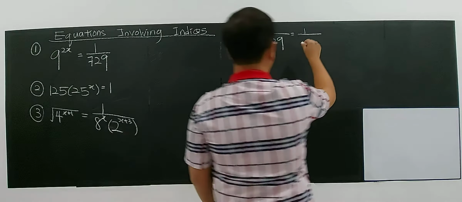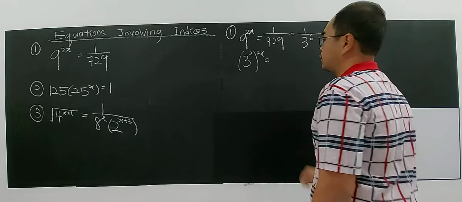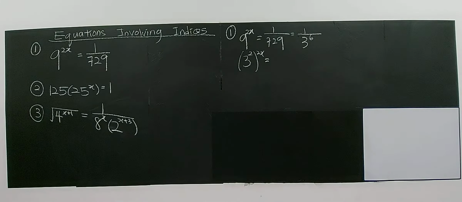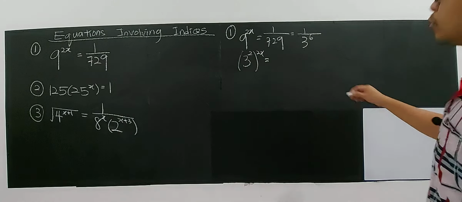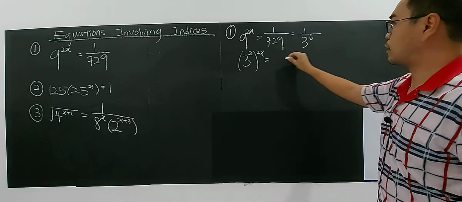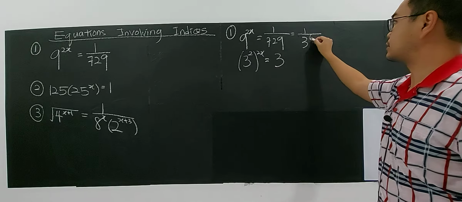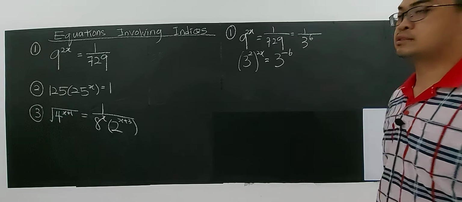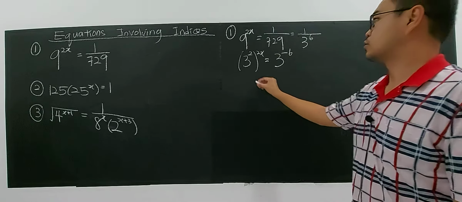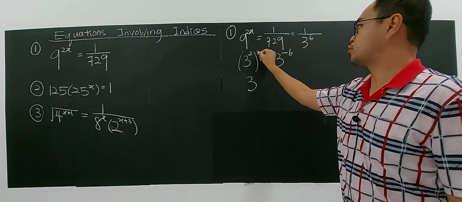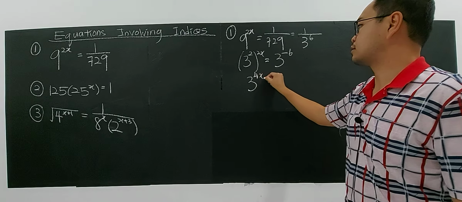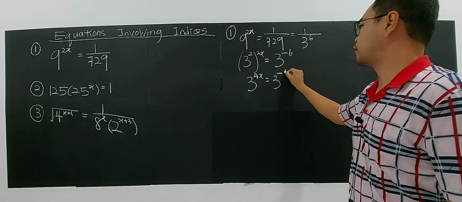You can bring it over to the numerator, but you have to change the sign of the index, so it becomes -6.